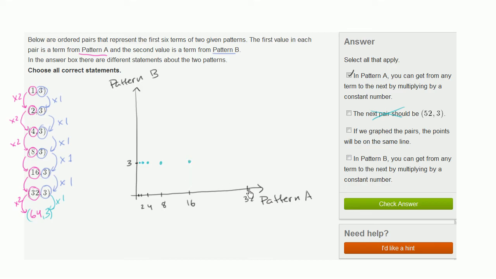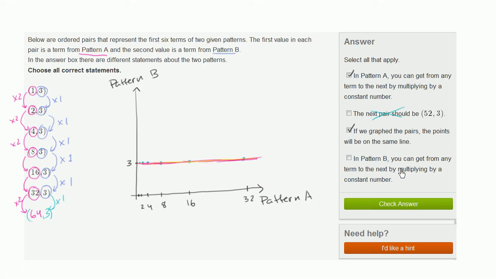When pattern A is 32, pattern B is 3. And you see, they all sit on a line. They all sit on this horizontal line, or at least the way that we've drawn it. Let me do it in this red color. They all sit on this line right over here. So this looks right. If we graph the pairs, the points will be on the same line. So I'll go with that one.